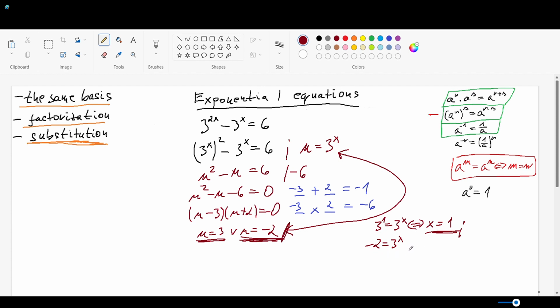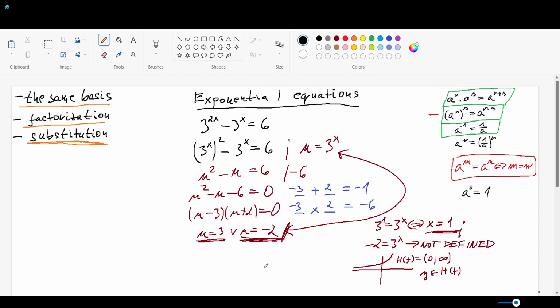And if you think about this, then this statement is false or is not defined for any x, because if you sketch the graph of the exponential function 3 to the power of x, we already know that the graph of this function is such a line, and we already know that the range of this function is the interval from 0 to infinity, which means the values of our function are from this interval, and because -2 is not from this interval, there cannot be any x found so that the equation is true.